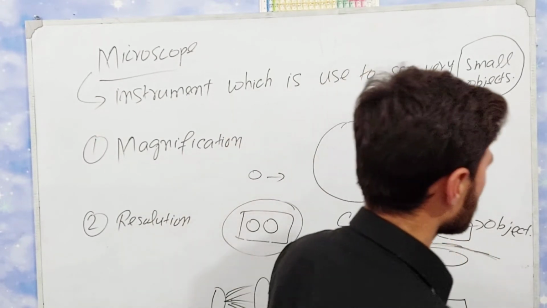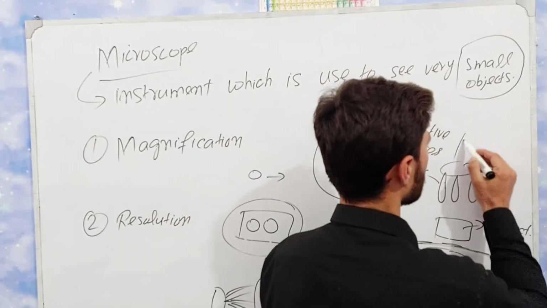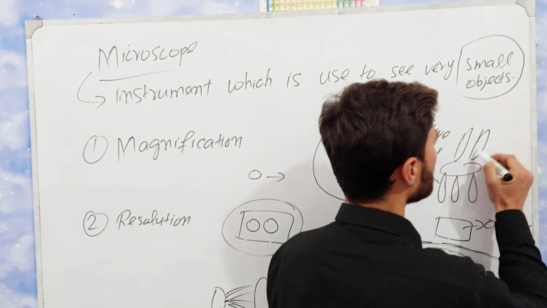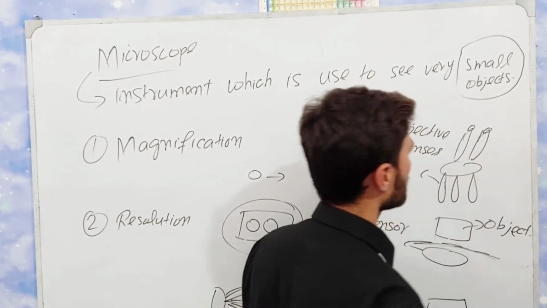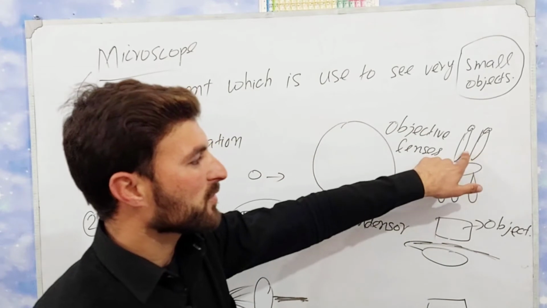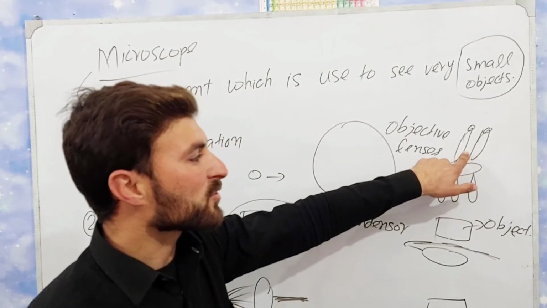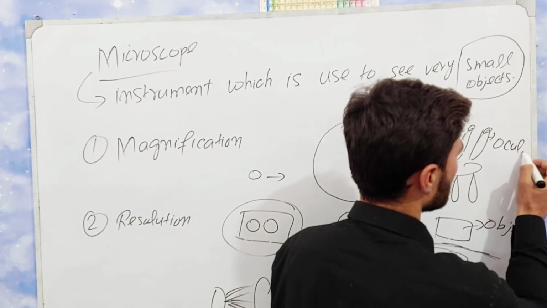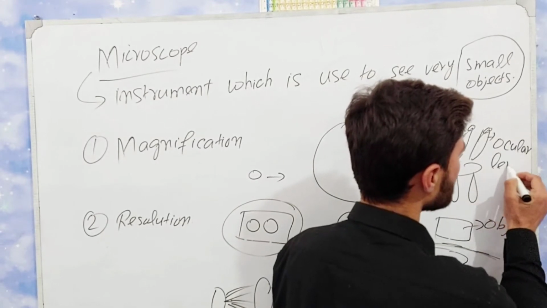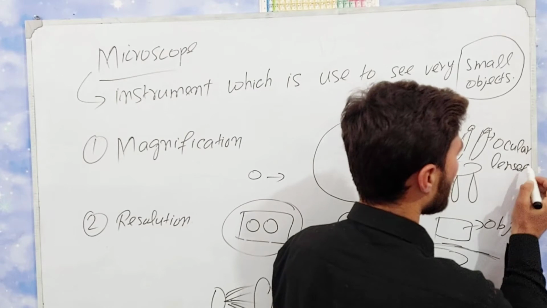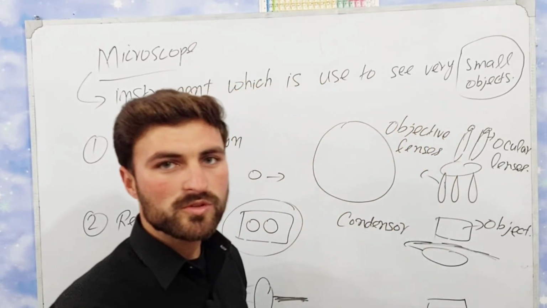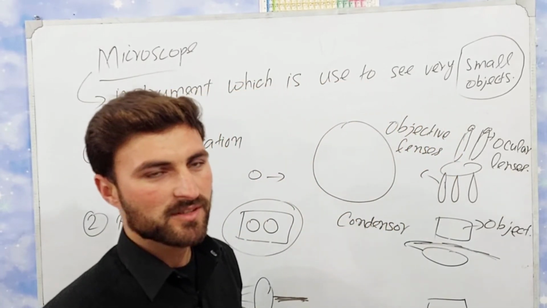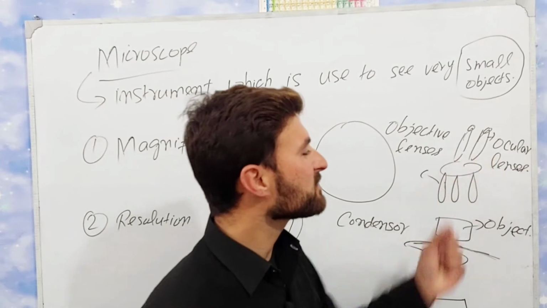and after this we have other lenses, and these lenses are known as ocular lenses, or we can also term them eyepiece. Now what is the role of this?